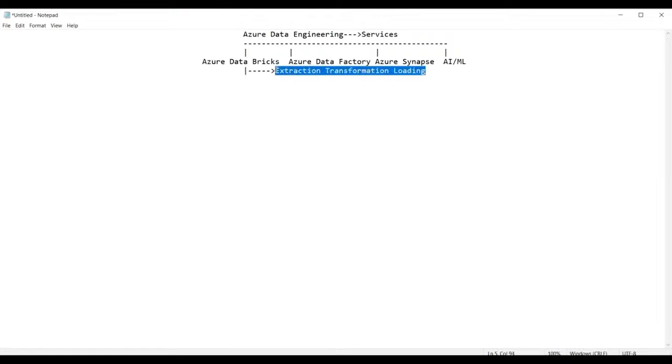Guys, what is this extraction, transformation, and loading? Let us try to understand this first.